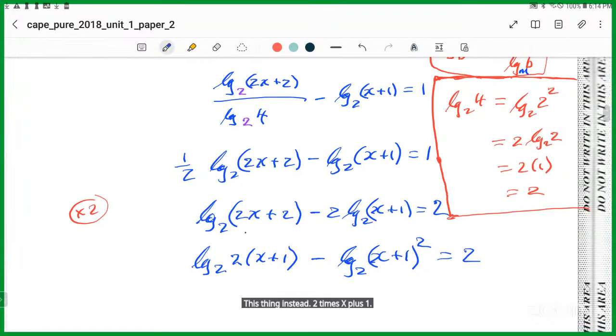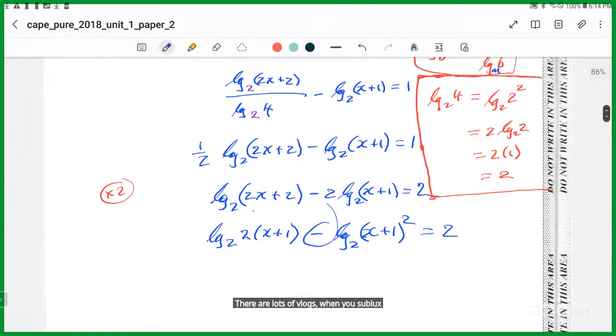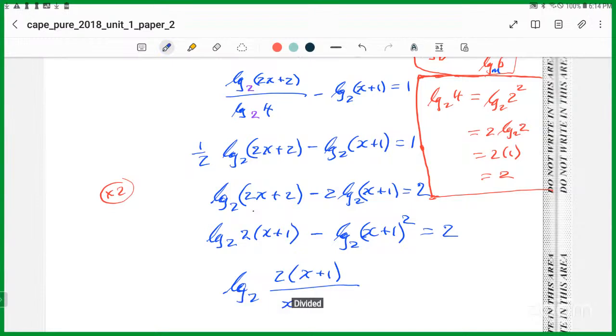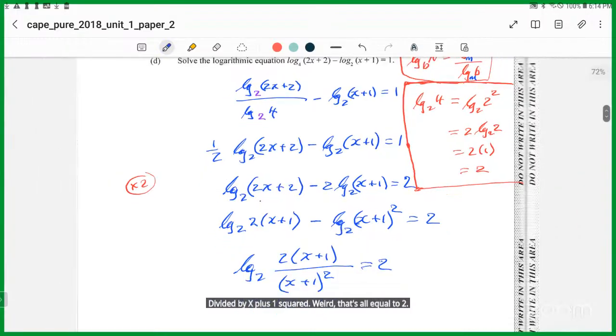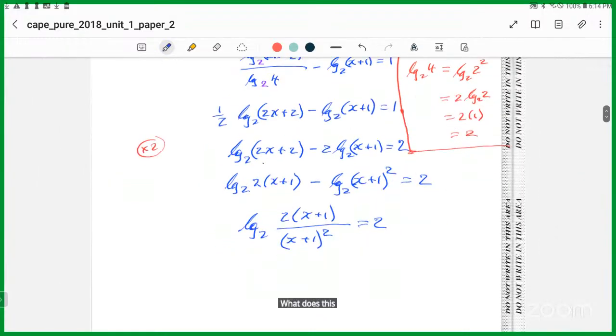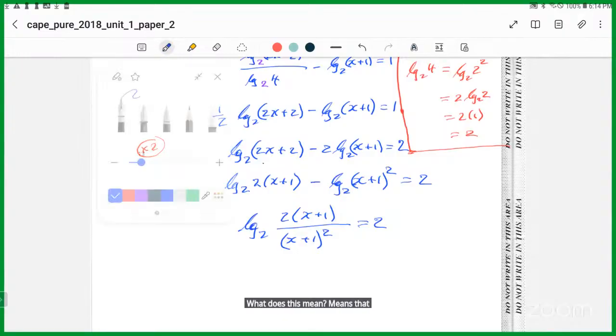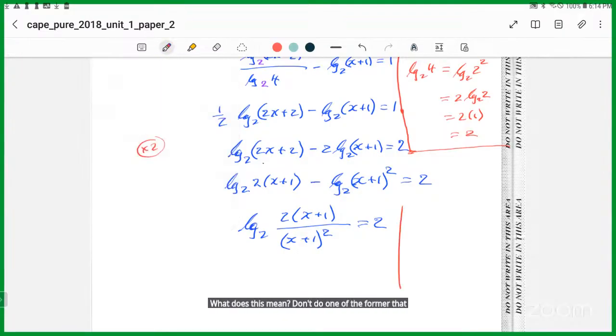The laws of logs say when you subtract logs, you can divide. So I'm going to do the log of this divided by that. So I'm going to do the log to base 2 of 2 times x plus 1 divided by x plus 1 squared. That's all equal to 2. What does this mean? It means that I brought it down to one of the formats that we want, and I put it in a box here for you.